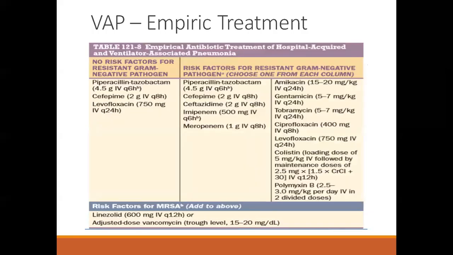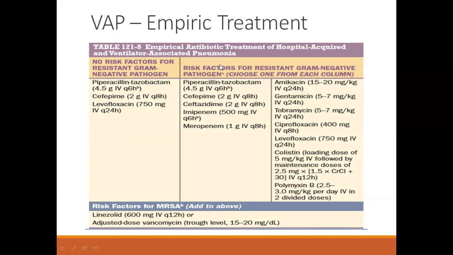Here is a table of empiric antibiotic treatment for HAP and for VAP. For cases with no risk factors for resistant gram-negative pathogens, your options are piperacillin-tazobactam, cefepime, and levofloxacin.